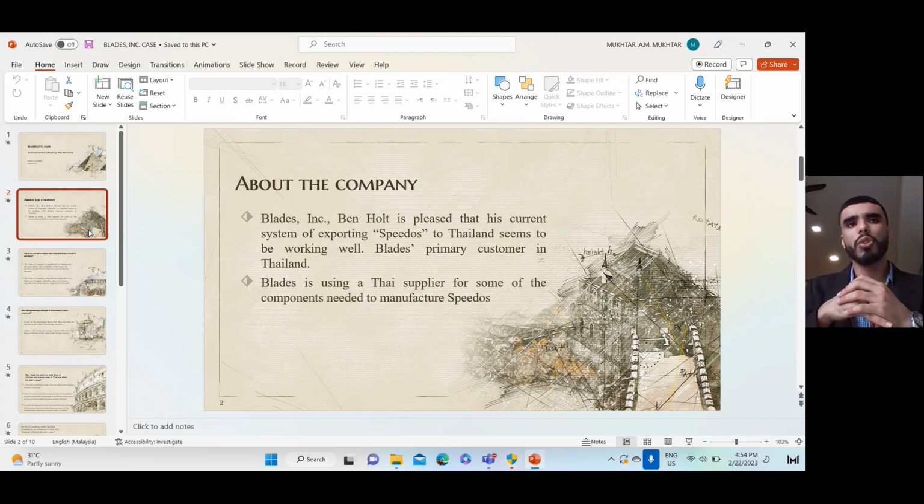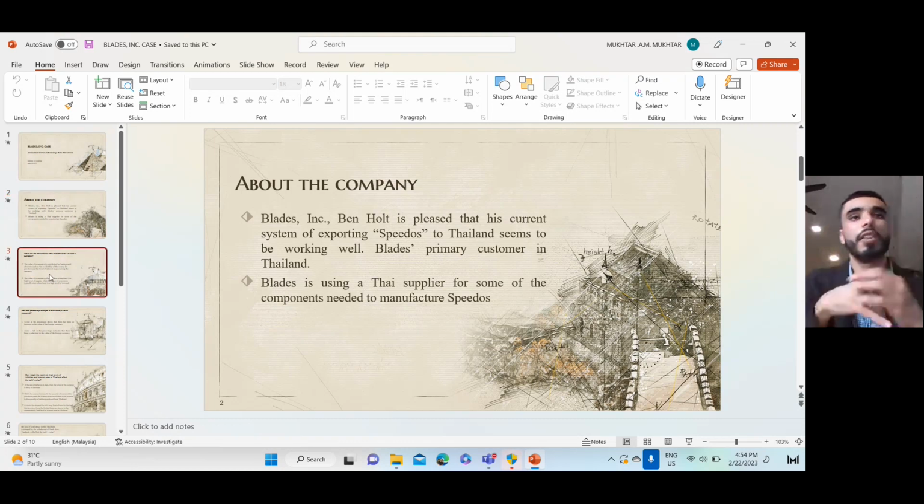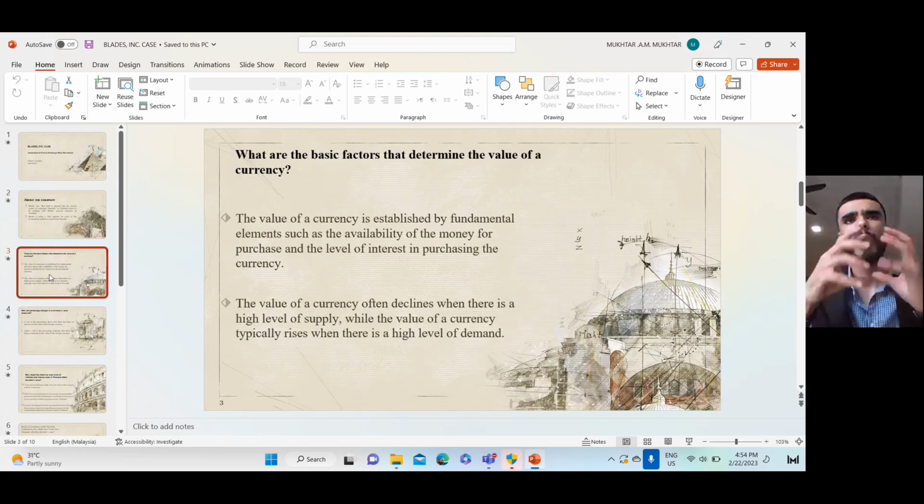So as you can see, he's using a Thai supplier, people in Thailand who supply him with this kind of product that is shipped from Thailand to the USA.